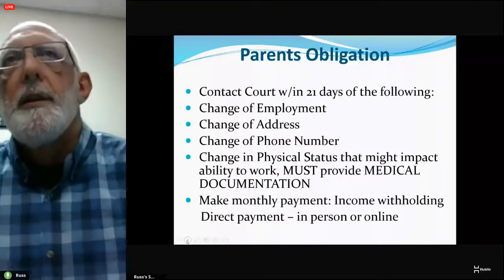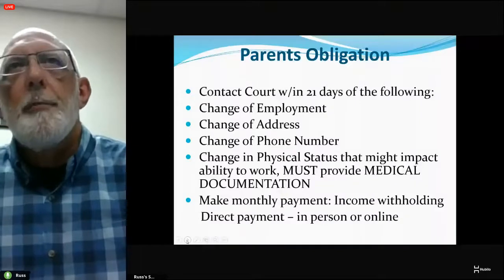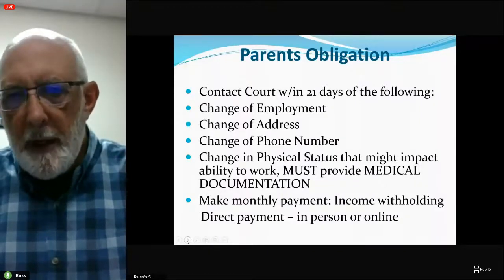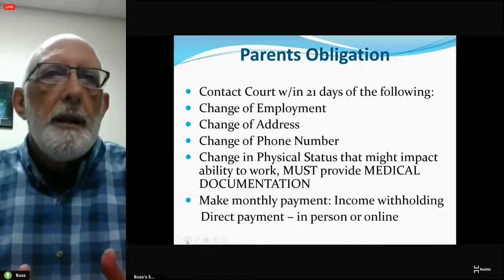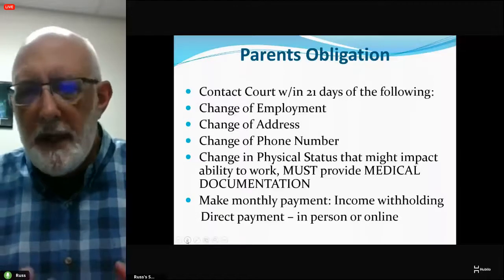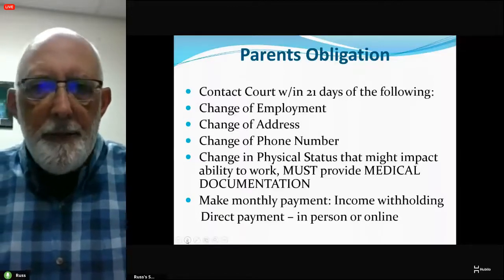So if I'm ordered to pay $150 a month in child support, and it's coming out of my check, I can't automatically assume that that whole $150 is going to come out.